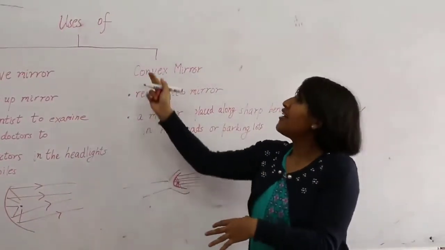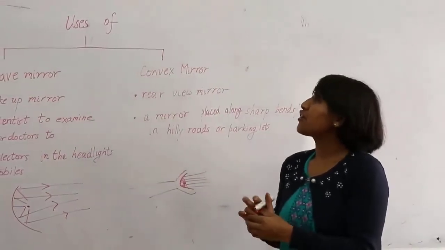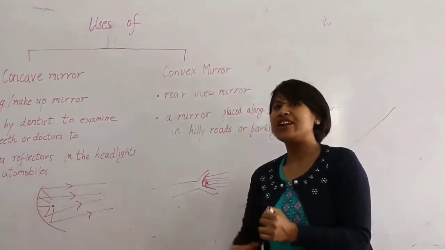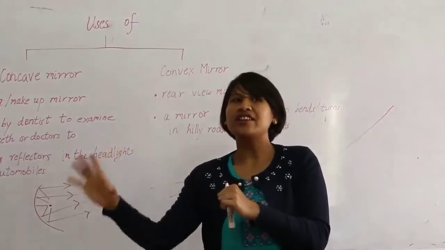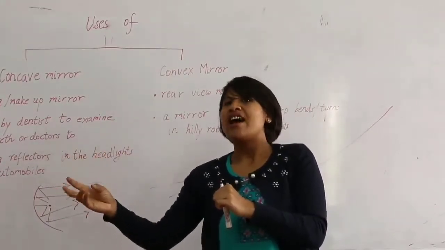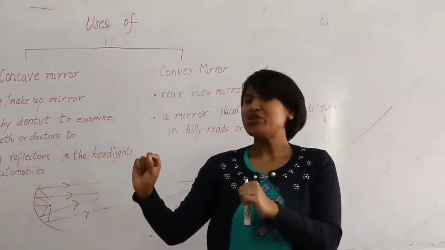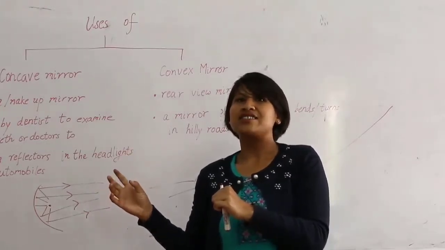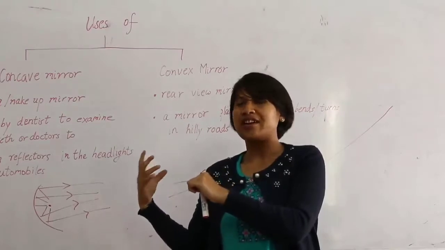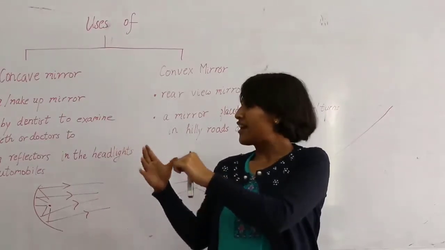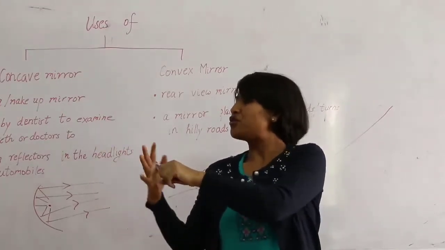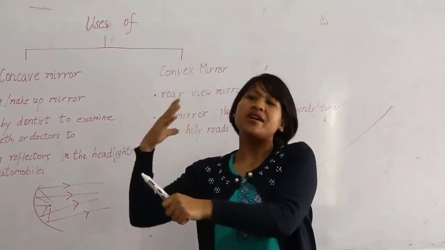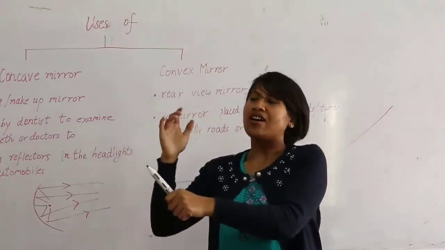Then next are the uses of the convex mirror. The rear view mirror, like the one on the side of your vehicle. The size of the image is not as normal. The rear view mirror is used to check the back side of the vehicle.